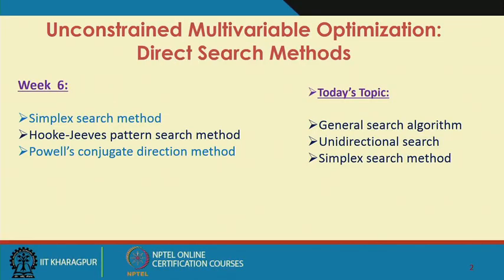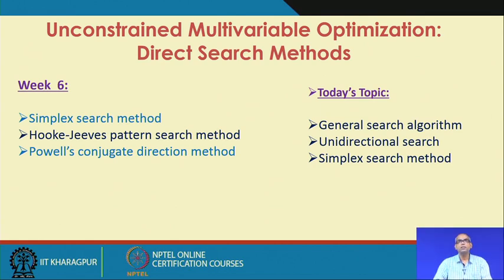Before that, we will also talk about unidirectional search and we will also briefly talk about the structure of a general search algorithm for multivariable optimization.